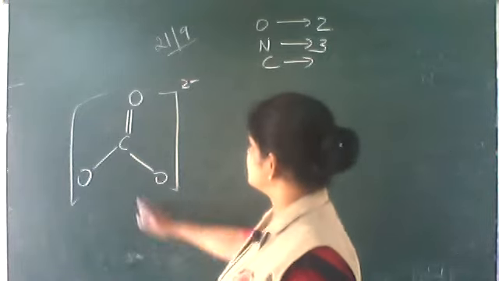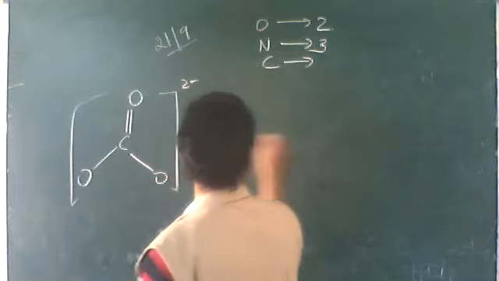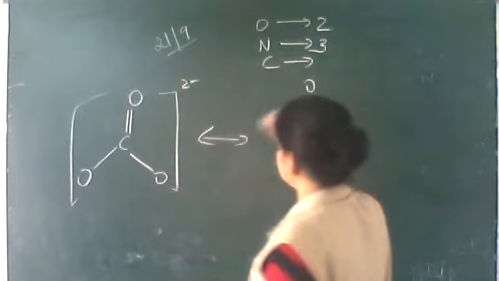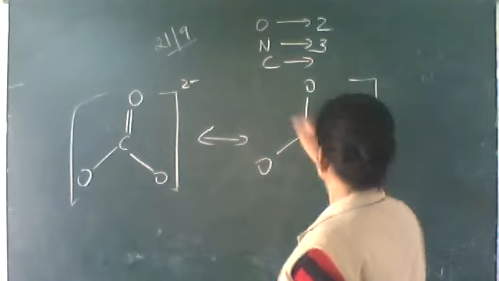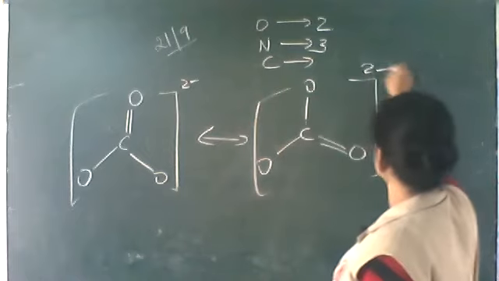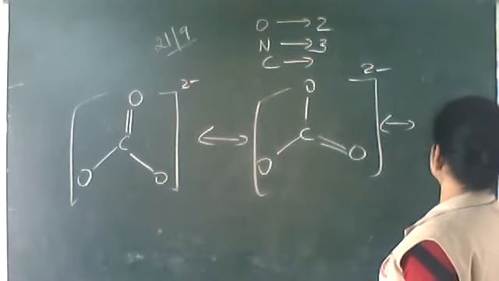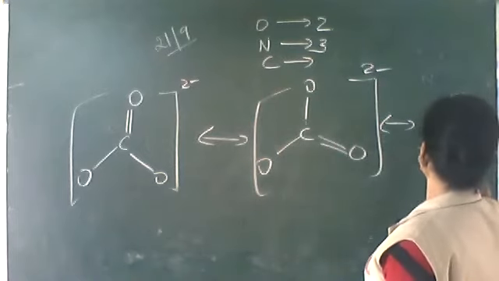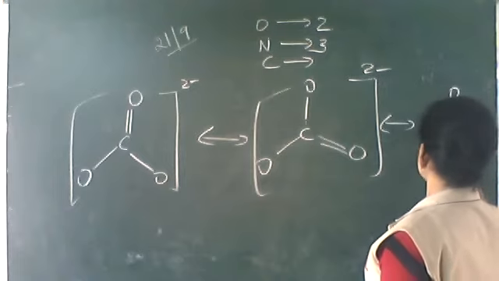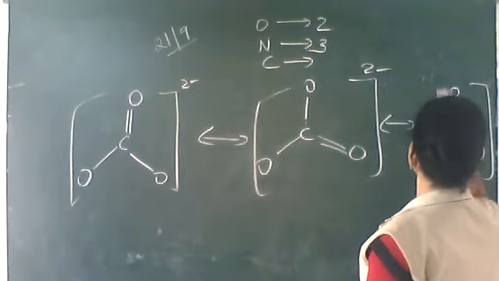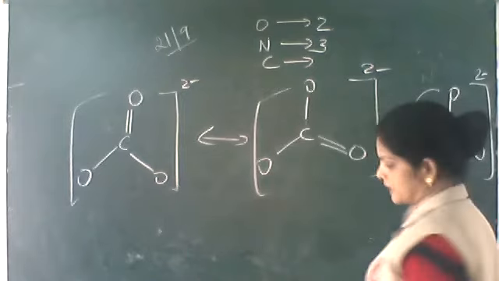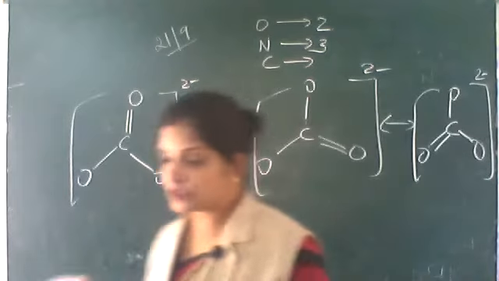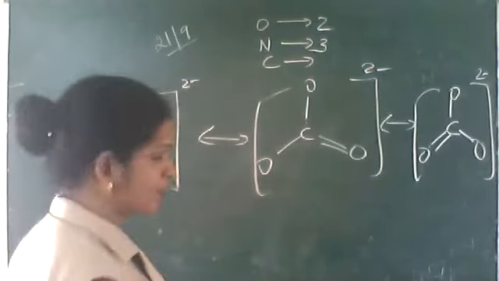Okay, so this is one structure. Or instead of that, you can give 2 minus here, another resonance structure, like this, like this, again 2 minus. So canonical form, canonical form, canonical form. So which is the actual structure? 1, 2, 3.